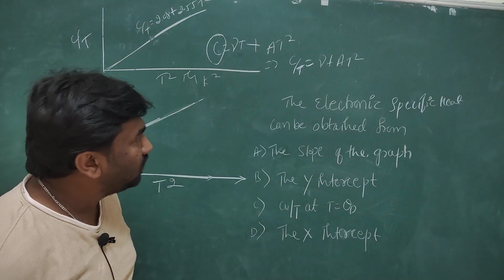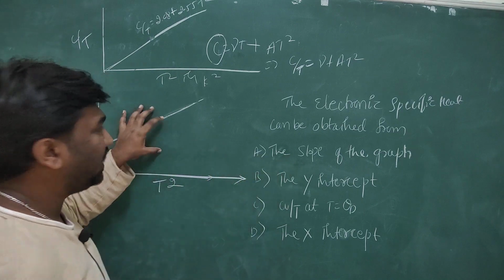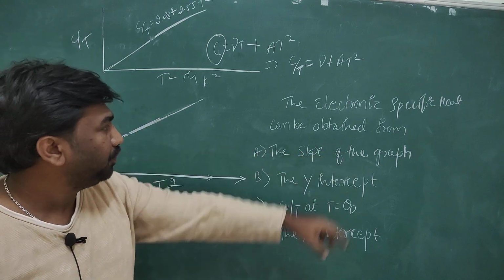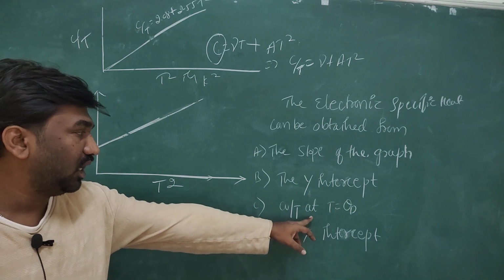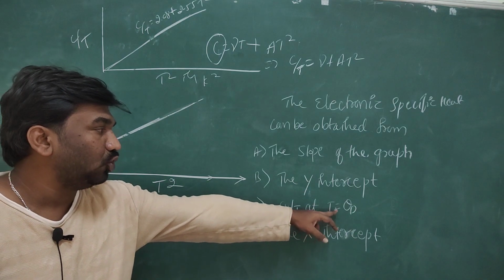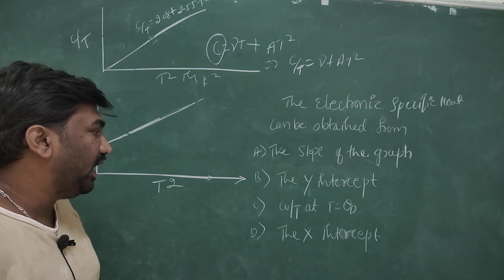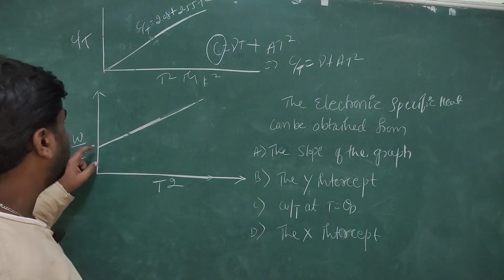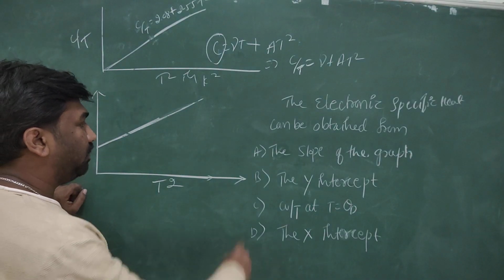So, in the given options, this indicates the slope of the graph or the y-intercept. Option number B is correct.